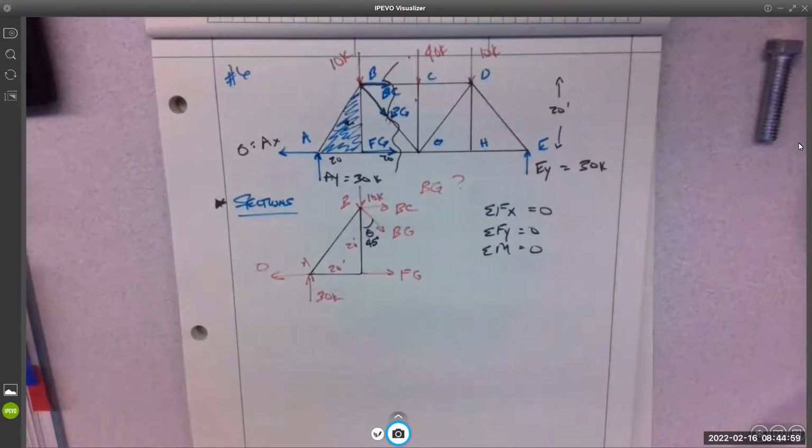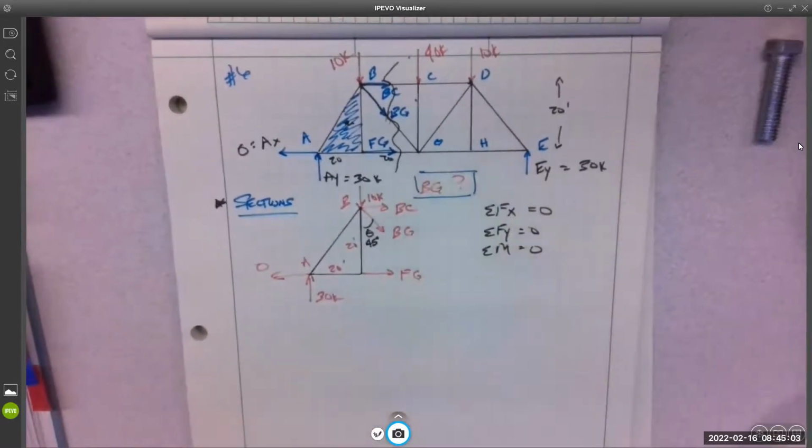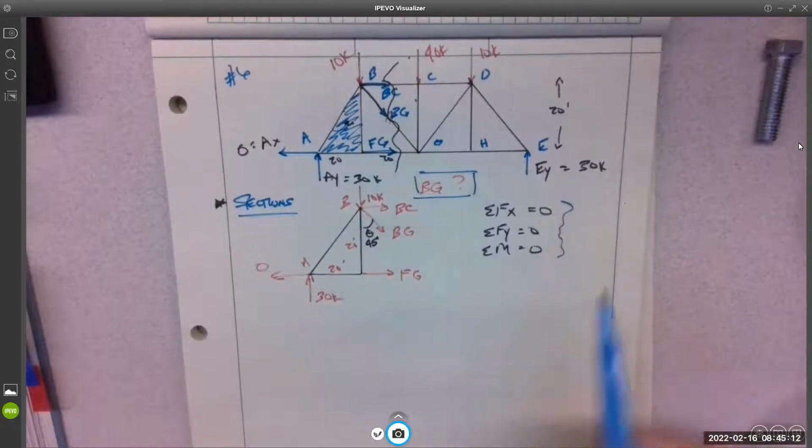So now, how do you think we solve for this? Remember, our target is BG. Let's just think about this for a second, if one of these might work better than the other. Questions on why? We already have 2 now.